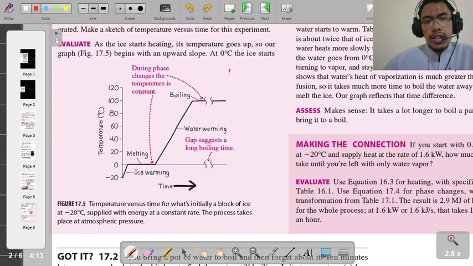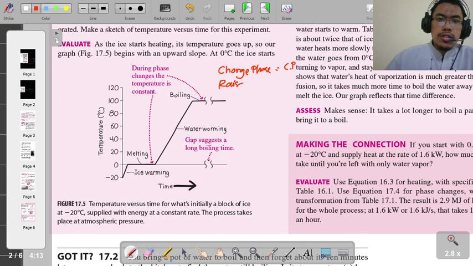Okay, so this is change phase, this CP, and then raising temperature will be written as RT. Okay, so in this point, it is raising temperature, and then for this point, it is change the phase.